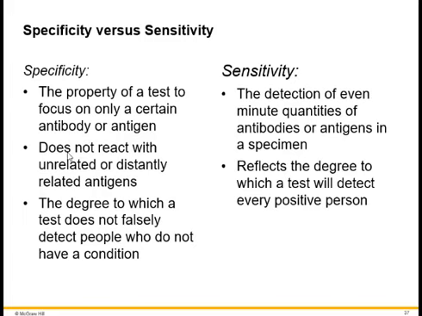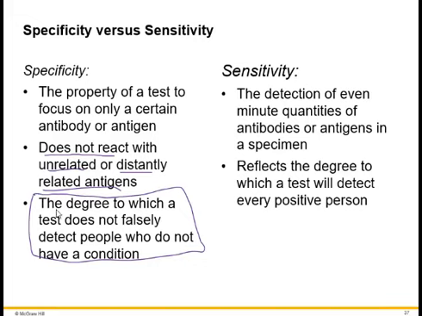And it does not react with an unrelated or distantly related antigen. So it has to be very specific. It does not react to unrelated or distantly related antigens. And so the degree to which they define specificity, this is kind of like your definition here.